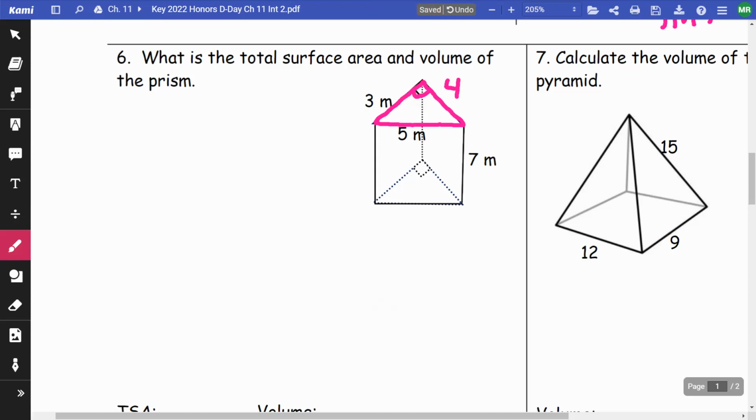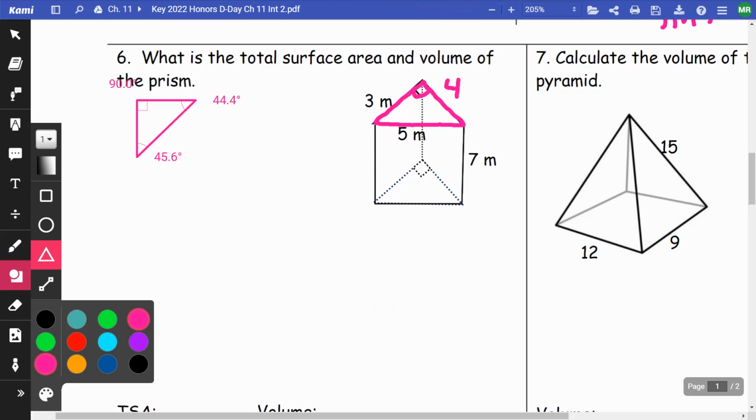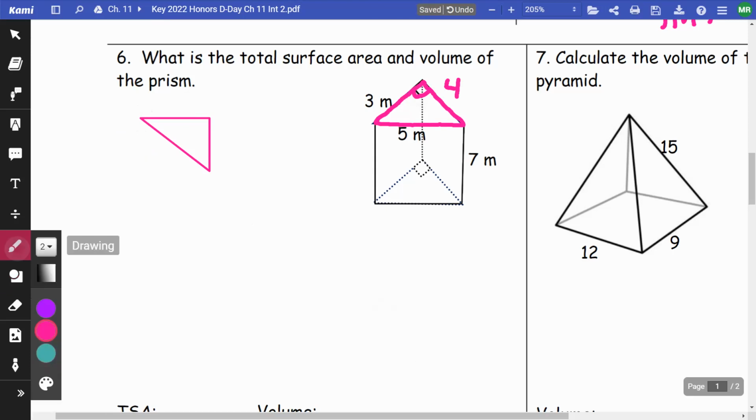So if I'm trying to find the area of the triangle, where this is a 3, this is a 4, this is a 5, the area is base times height, which is 3 times 4 divided by 2.